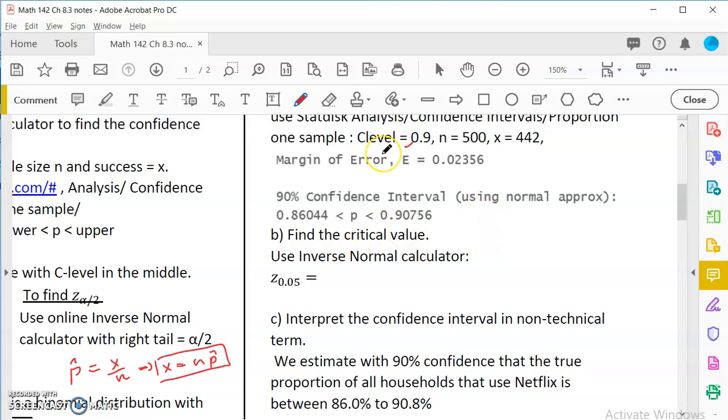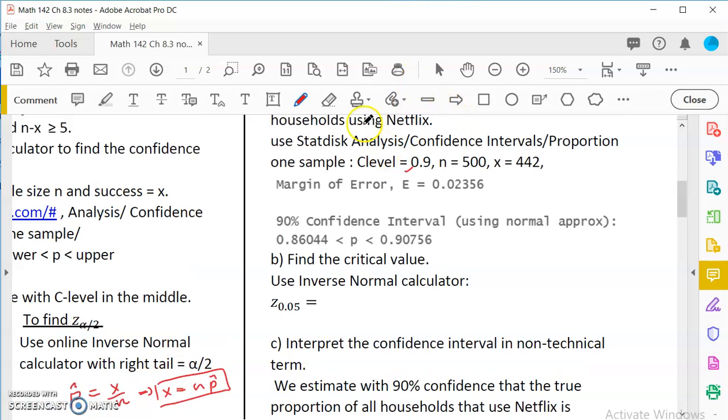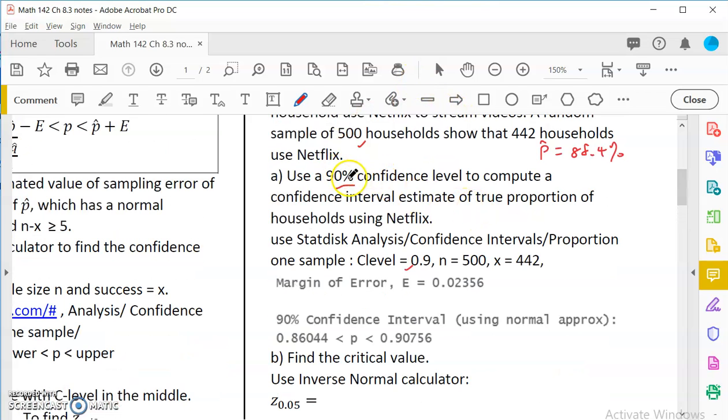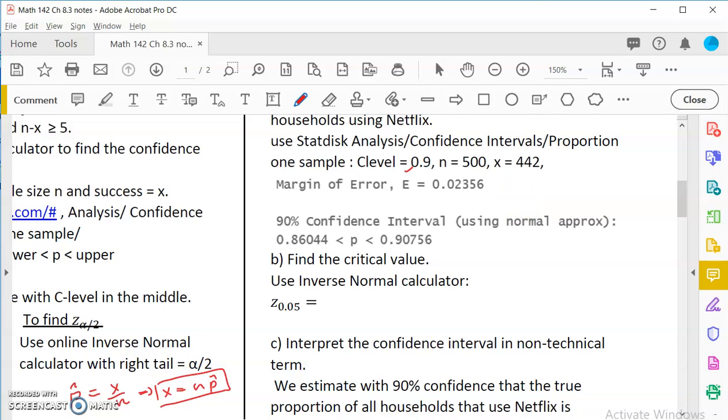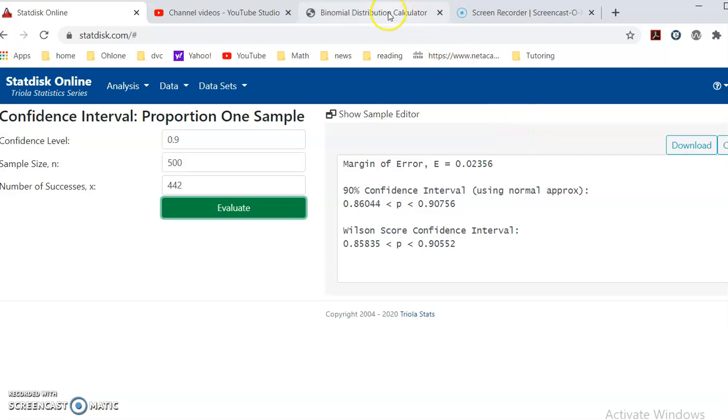So find the critical value. The critical value depends on our confidence level, right? Our confidence level is 90%. So that means the middle is 90%. The two sides total 10%, so one side is 5%, so we'll say z.05. So we use the normal calculator.